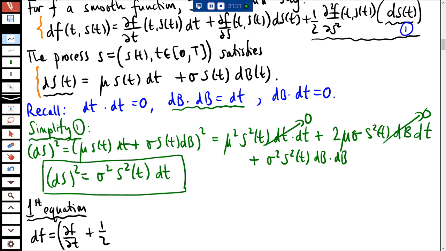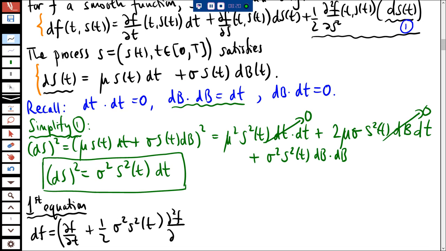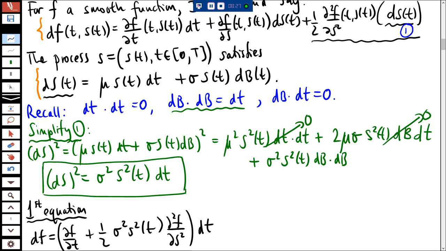So it's 1/2 sigma squared s squared, d2f over ds squared, and that's all times dt.